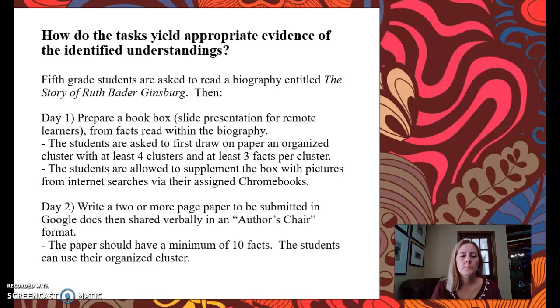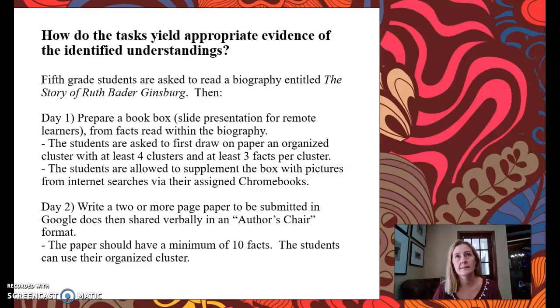On day 1, they were asked to prepare a book box slide presentation for the one remote learner that we had, based on the facts from the book. The students were asked to first draw on paper an organized cluster with at least 4 clusters and at least 3 facts per cluster.